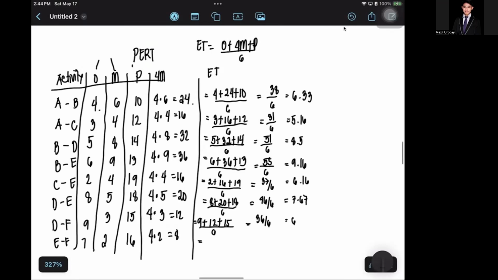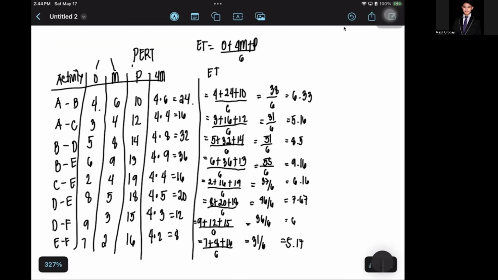Now here, your O is 7, your 4M is 8, and your P is 16, divided by 6. 7 plus 8 plus 16 is 31. 31 divided by 6 is 5.17.